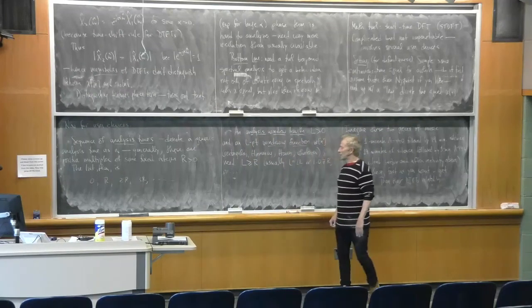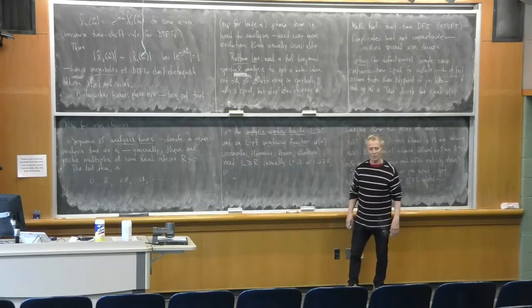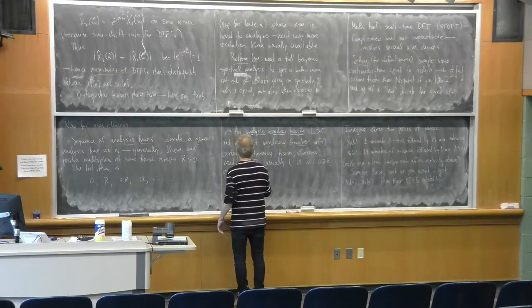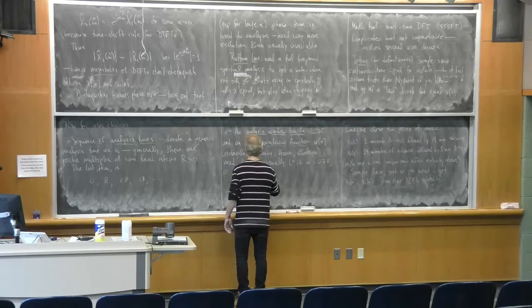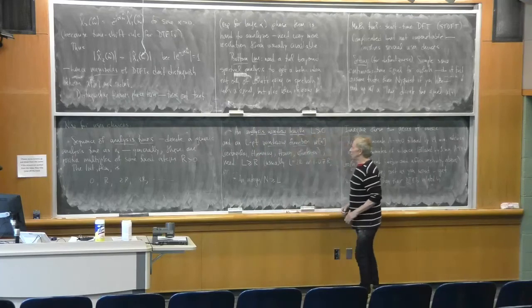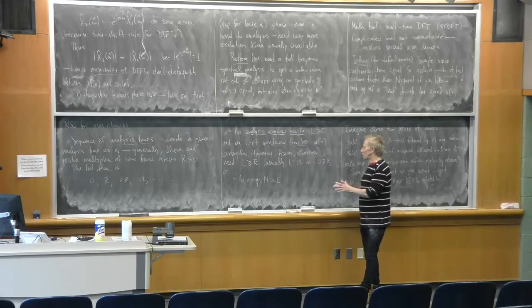Now we're also going to pick a capital N bigger than 0. And in fact, capital N is going to be bigger than or equal to L. So an integer capital N bigger than or equal to L. And this is one where the bigger, the better.